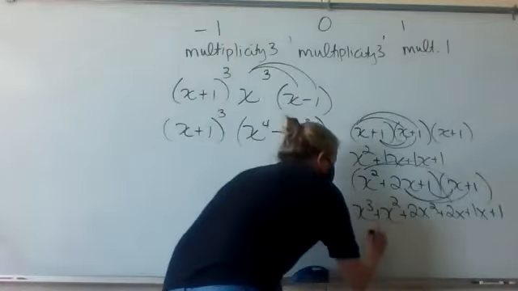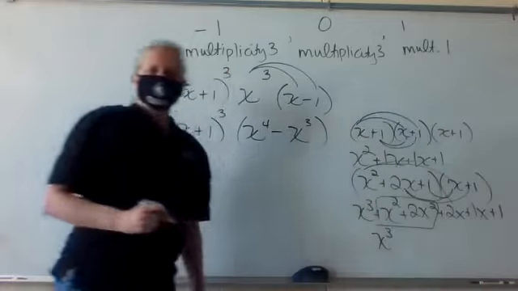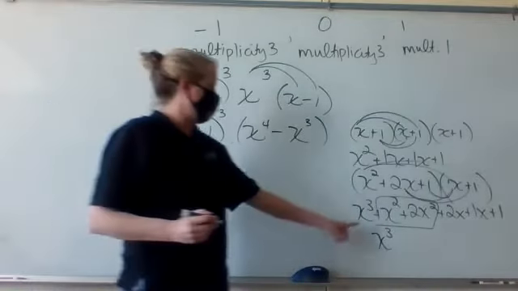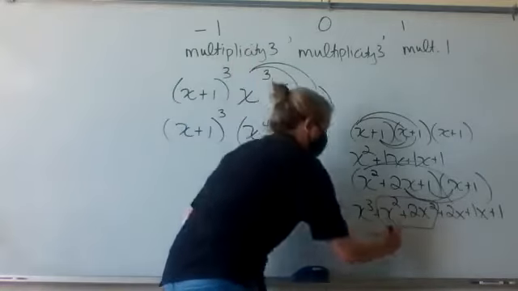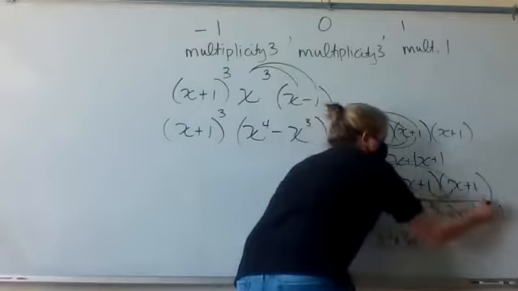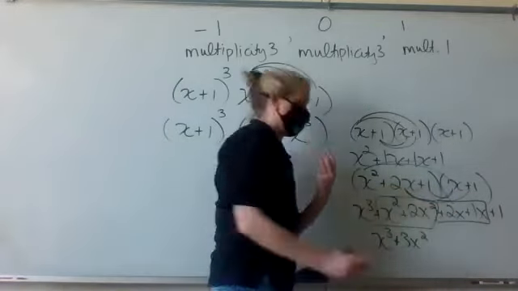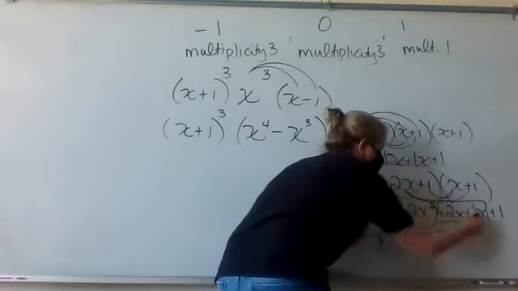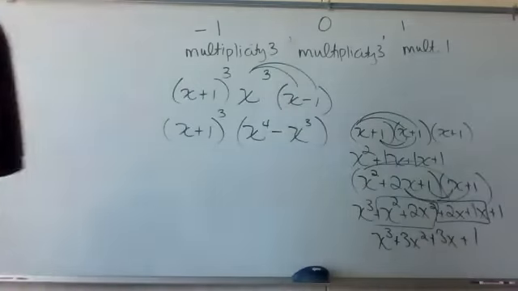Let's see, I've got x to the third. I can put these x squareds together. How many x squareds do you have all together? 1 here and 2 here, so you've got 3x squareds. Put your x's together. Again, 2 here, 1 here, so I've got 3 x's. And bring down that plus 1.